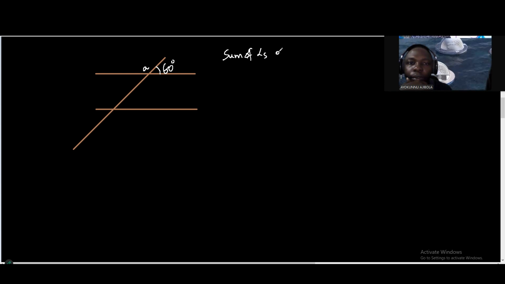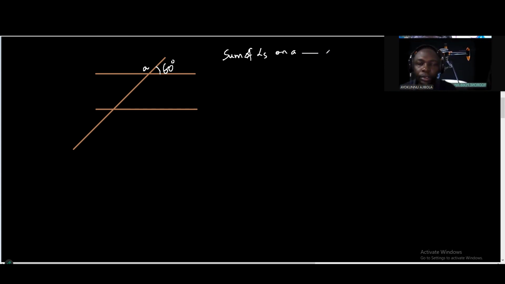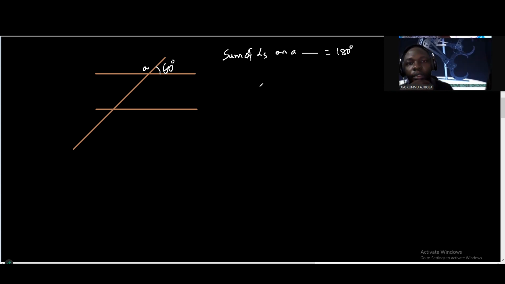if this angle is 60 degrees, then this is angle A. To get angle A, you say sum of angles on a straight line, okay? Sum of angles on a straight line equal 180 degrees.